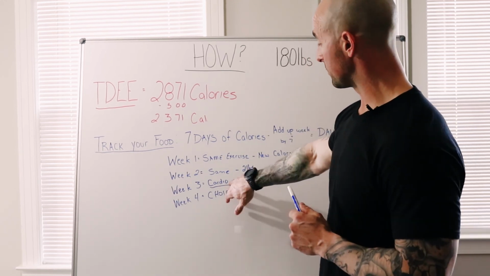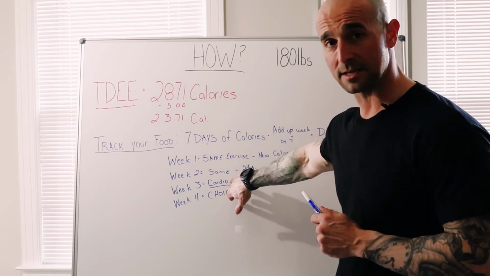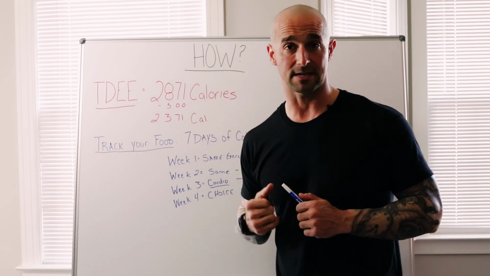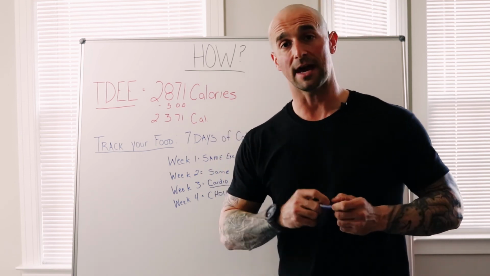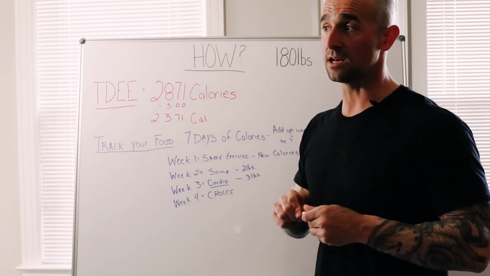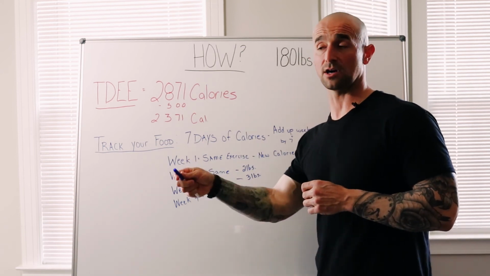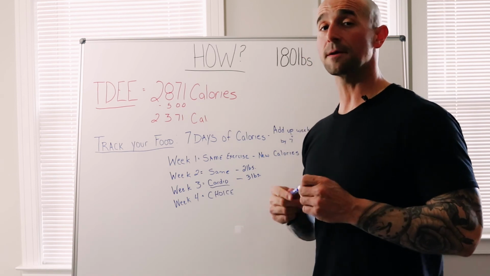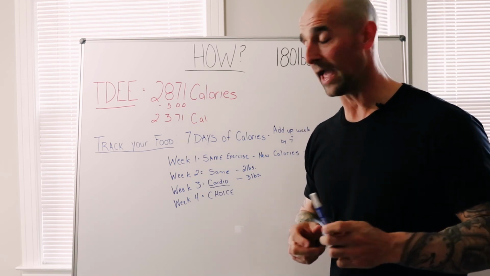Or, since you added 3 20-minute sessions here on week 3, maybe you do 4 20-minute sessions on week 4. So you add another 20 minutes. That's another 200, 300, 400 calories burned right there, right? So it just depends on where you're at.